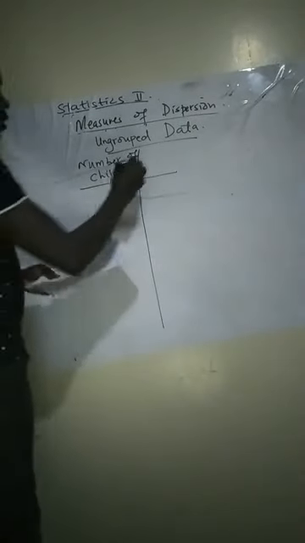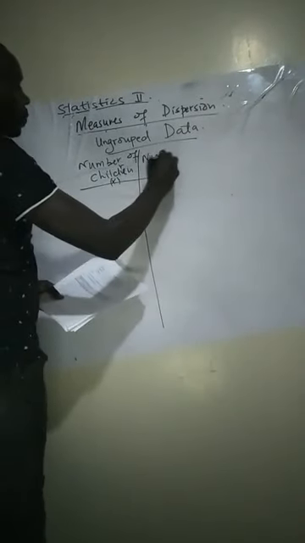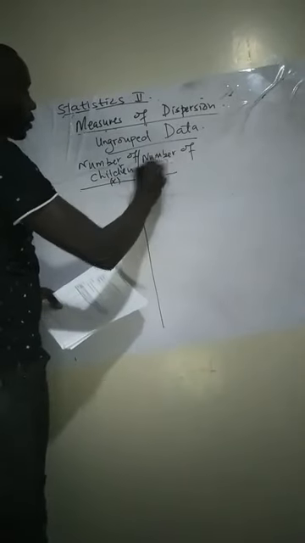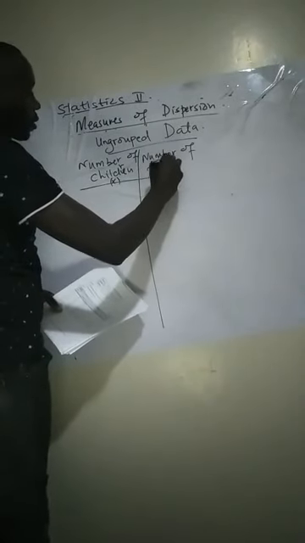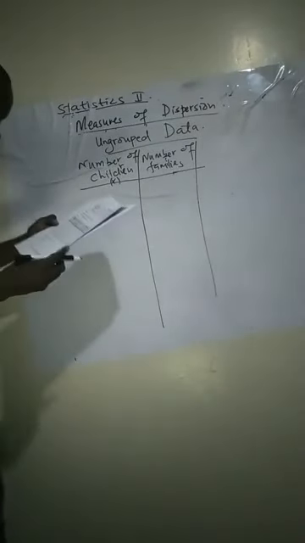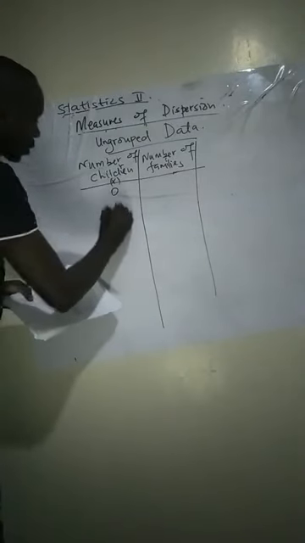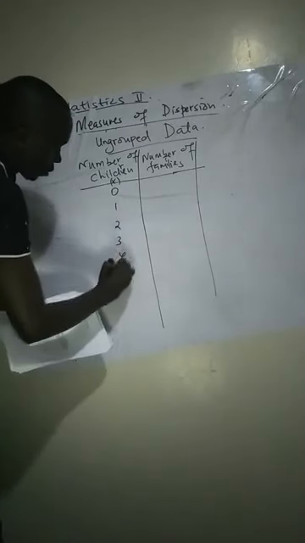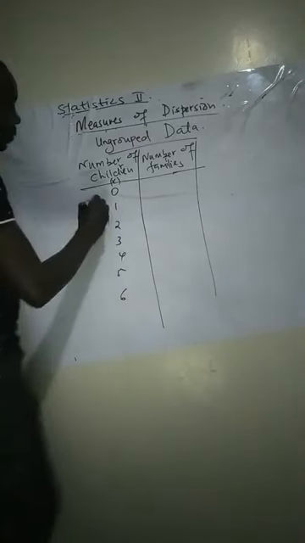Number of children, that is the value of x. And then number of families. The entries are 0, 1 to 6: 1, 2, 3, 4, 5, 6.